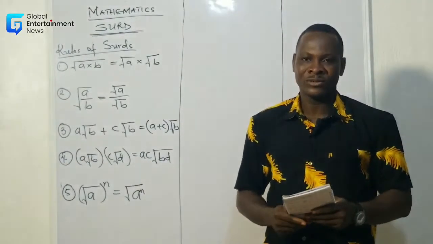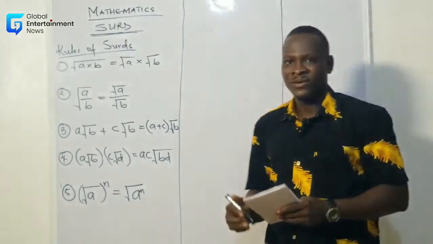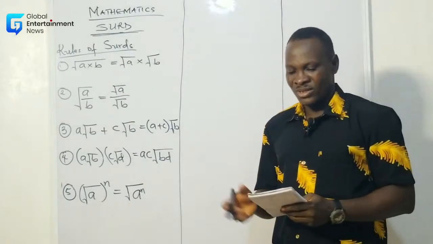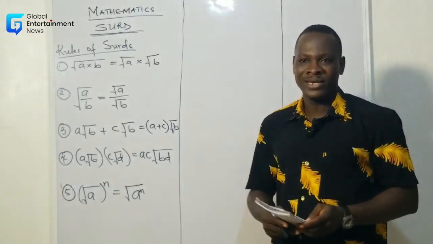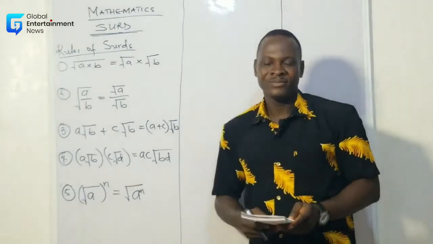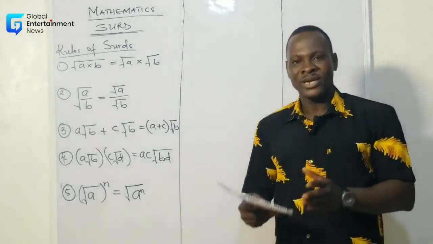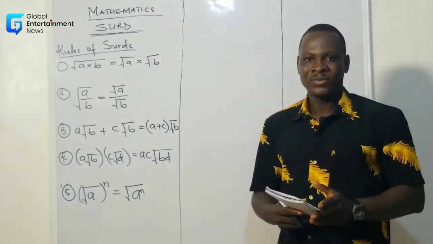Let's define surds. Surds are the values in square root that cannot be further simplified into whole numbers or integers. If we try to simplify them, we are going to get decimal values.